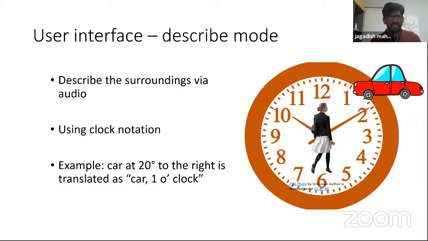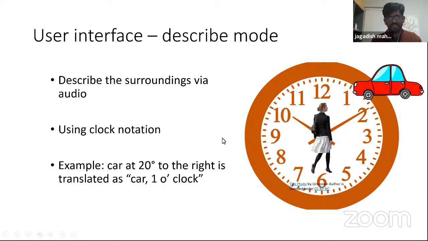So this is the feature that I was describing earlier. It's called describe mode. Upon requesting the system with the keyword describe, the system can tell where is what obstacle in a clock notation. So let's say there is a car on the right side of the user, and it's being detected by the system. This information will be translated to the user like this: car 1 o'clock.